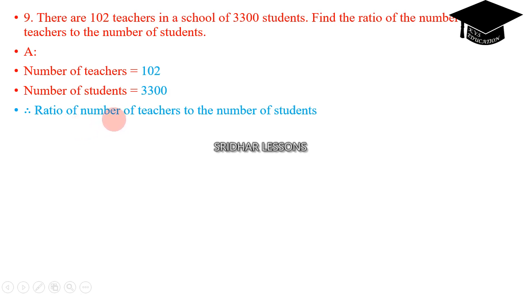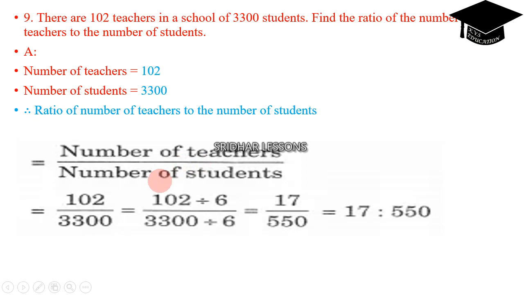Therefore, the ratio of number of teachers to the number of students is 1 or 2 by 3,300. And 6 cancels in 1 or 2, 17 times and in 3,300, 550 times. So it is 17 by 550, or we can call this 17 is to 550. The required ratio is 17 is to 550.